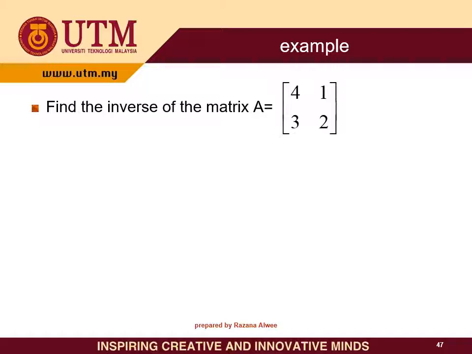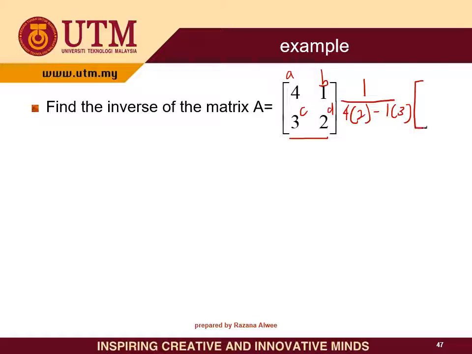Okay, example. Find the inverse of matrix A, which is a 2 by 2 matrix. Now, as I mentioned before, you must have 1 over AD minus BC. So AD is 4 times 2, minus BC is 1 times 3.